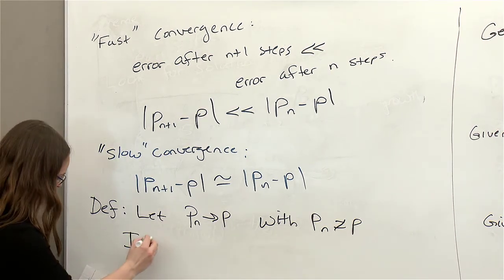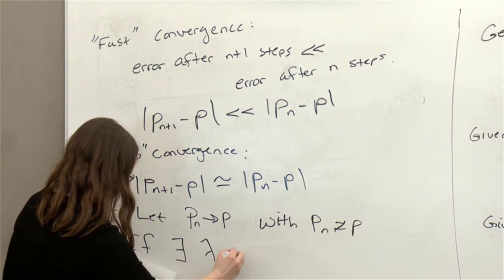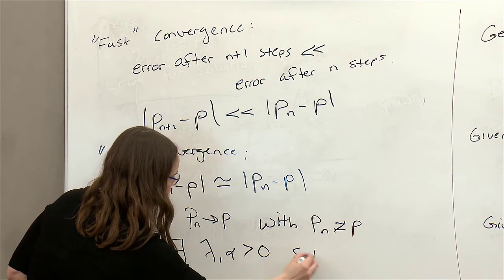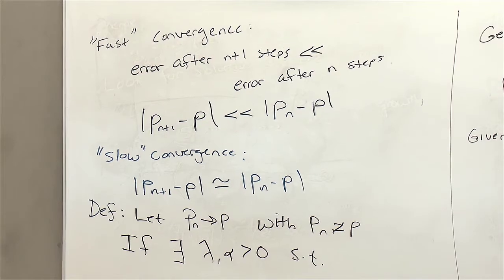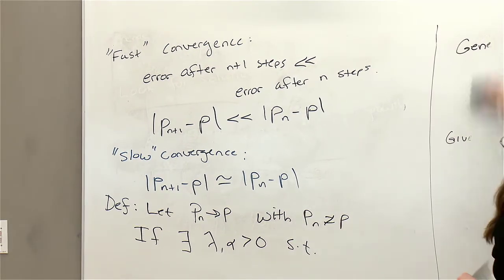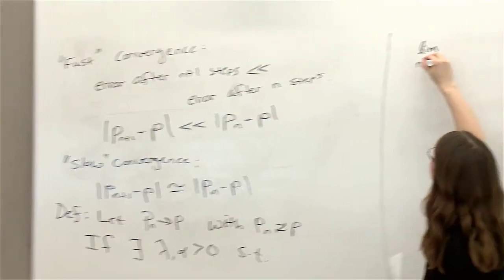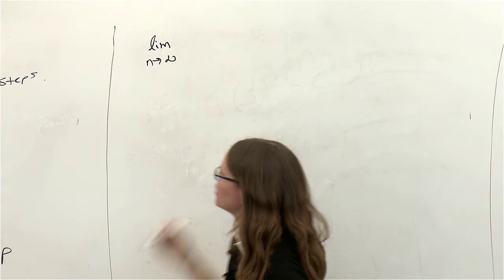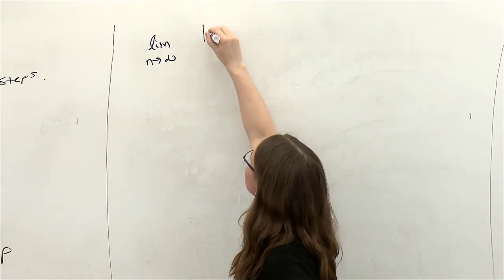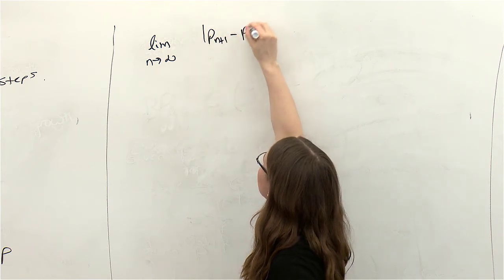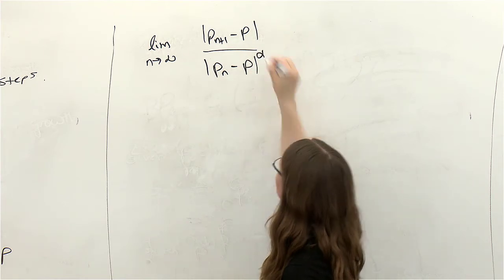Now, we're going to introduce some constants. So if there exist some numbers, lambda and alpha, that are greater than 0, such that the limit as n goes to infinity of, and again, we're going to be comparing our new error to our old error. So the way we're going to do that is look at the absolute value of P(n+1) minus p divided by the absolute value of Pn minus p, but we're going to raise it to the alpha power.